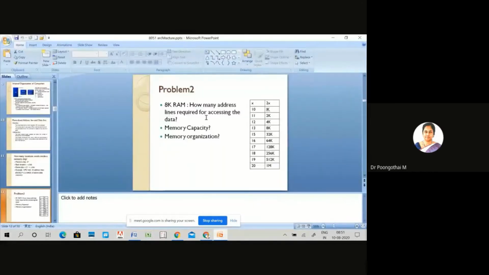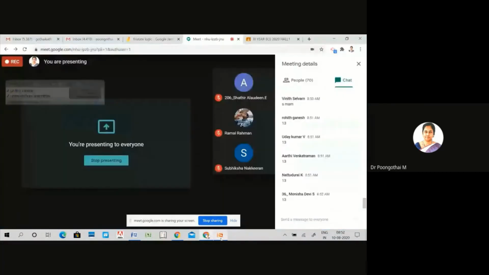The problem given is that your memory size is 8K RAM. You have to identify how many address lines are required for accessing this memory, based on this table, and find out the memory capacity of this particular IC. So what is the answer? 2 power 13 is the right answer.